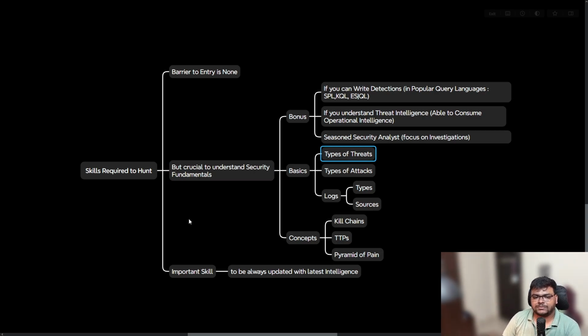So these are some of the basic skills and fundamentals that are required. But as a bonus, it would be really amazing if you can write detections. If you have written detections previously, you know how to write a query, do some filtering on top of it, put in some defining parameters, narrow down, drill down, all of that will be really helpful.